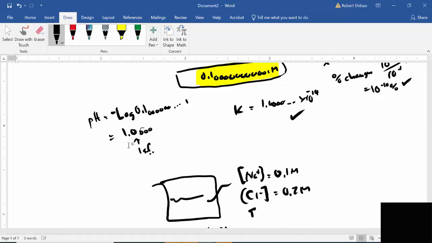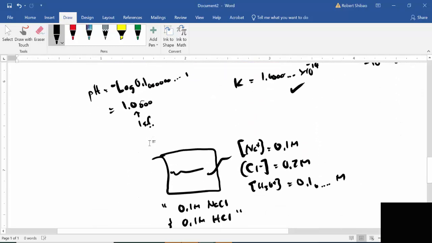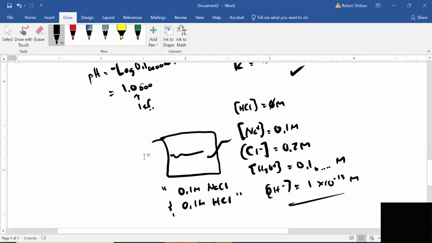The hydronium ion concentration will be 0.100 molar. And the concentration of molecules of HCl is 0. We could put that here. This is 0 molar. All the HCl is broken up, and then we have some hydroxide in there, 1 times 10 to the minus 13 molar. And so that would be the inventory for this.